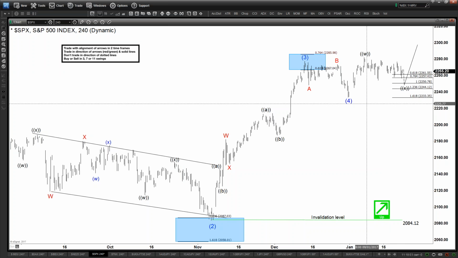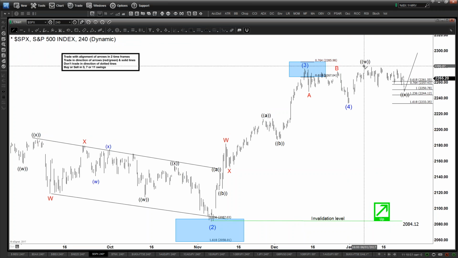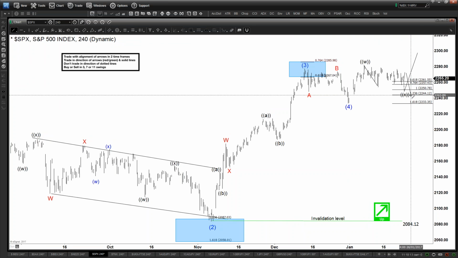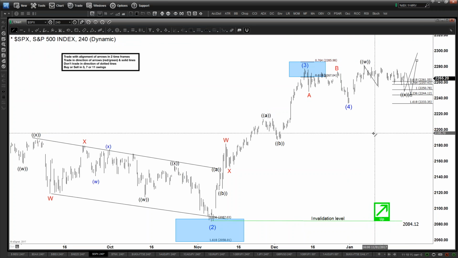The bounce yesterday came from the 0.764 extension of the first leg down here, which means ideally it will bounce, fail, and see the 2251, 2245 area, and then turn higher again.